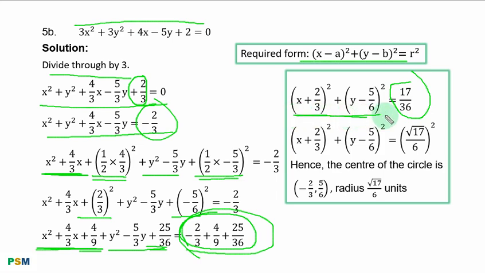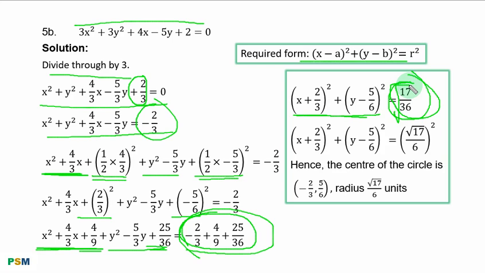In order to get r, you have to express 17/36 such that there is power of 2. To simply do that, you take square root of this term, then you square it.